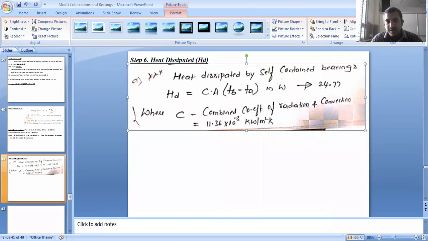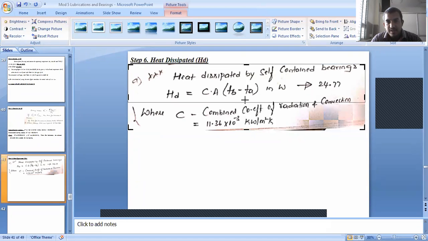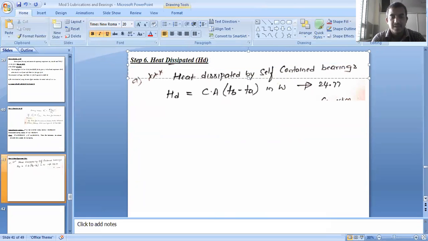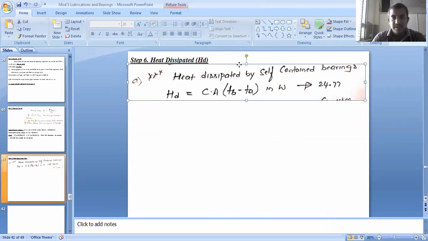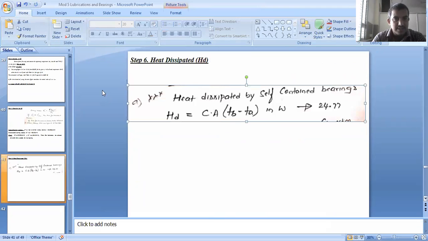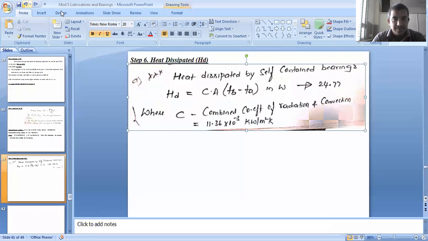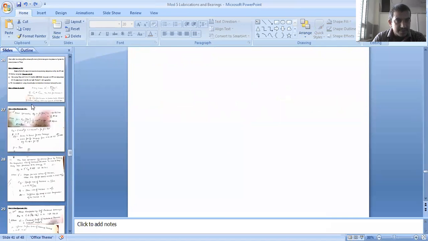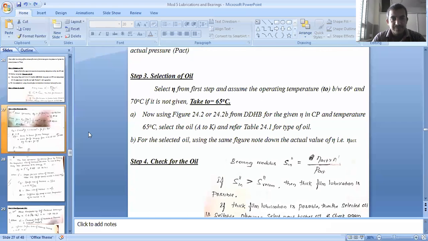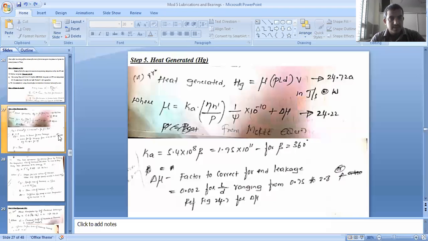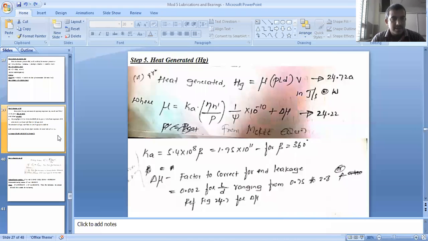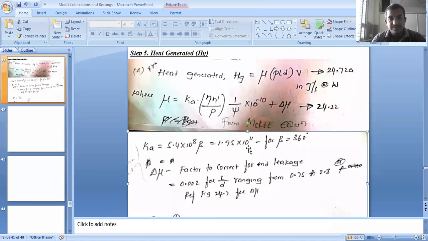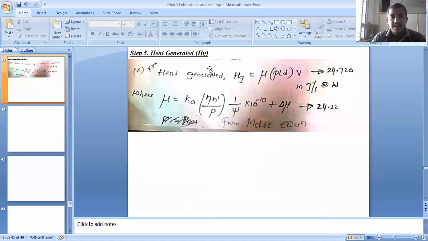Just take only this formula, from the design data handbook. Heat generated.